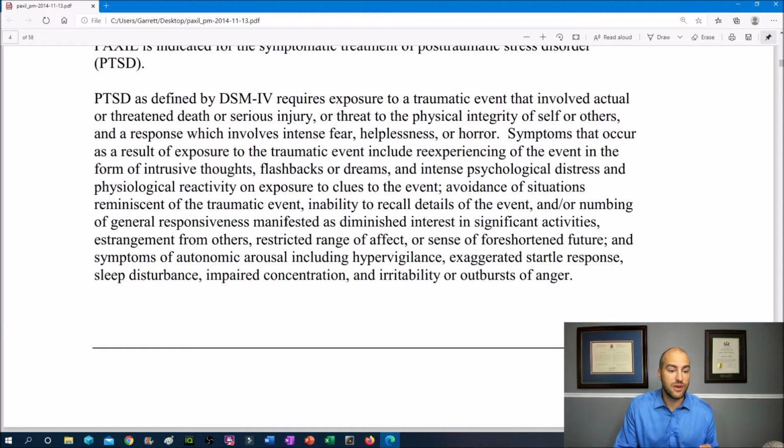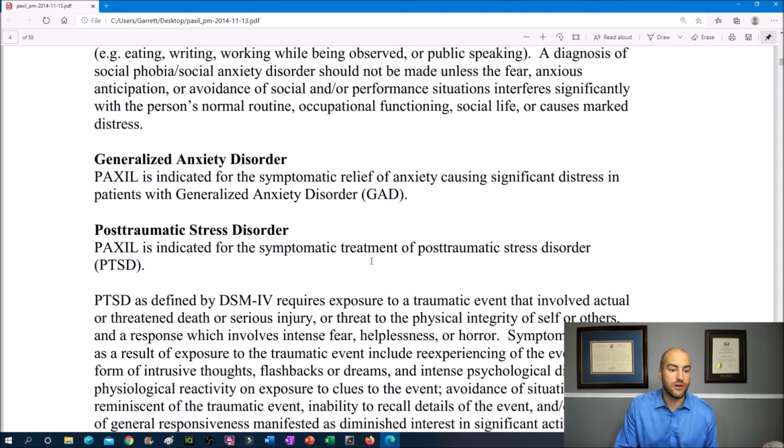Avoidance of situations reminiscent of the traumatic event, inability to recall details of the event, and or numbing of general responsiveness manifested as diminished interest in significant activities, estrangement from others, restricted range of affect, or sense of foreshortened future, and symptoms of autonomic arousal, including hypervigilance, exaggerated startle response, sleep disturbance, impaired concentration, and irritability or outbursts of anger. So again, that would be for post-traumatic stress disorder.